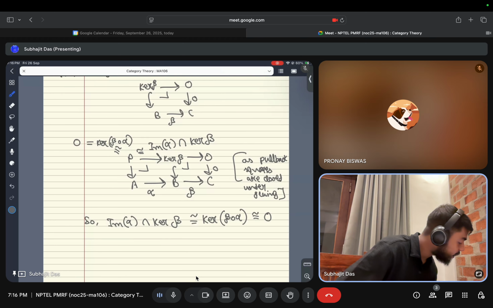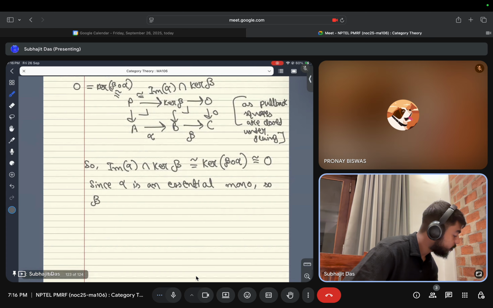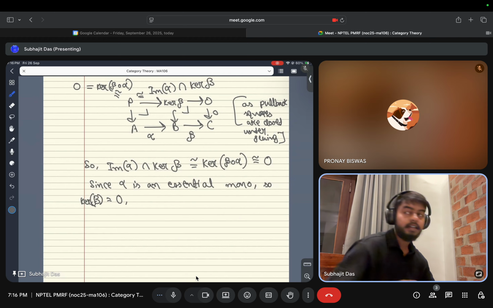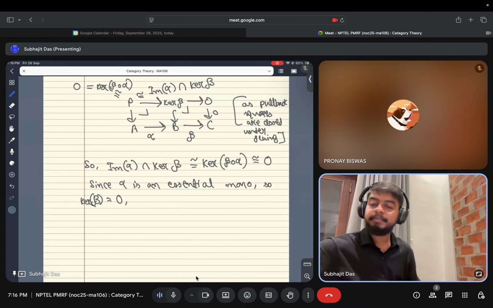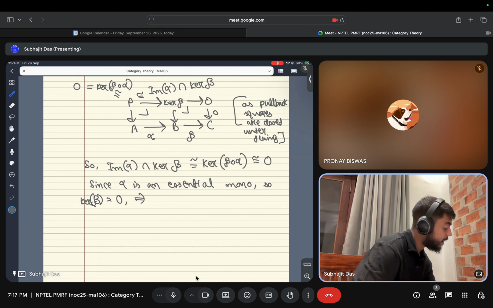Now we use the fact that since alpha is an essential mono, the kernel of beta has to be 0, which implies that beta is a monomorphism.